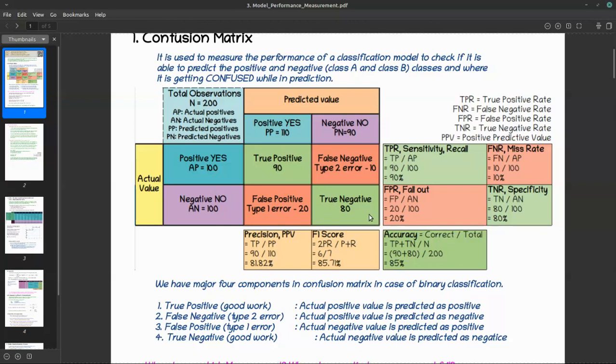So this is the principal diagonal they are talking about. The principal diagonal should be maximum, right? Because on the principal diagonal I have all the true things, or you can say successes, correctly classified points. Positive is classified positive, negative is classified negative, right? So in this principal diagonal I should have the maximum value.